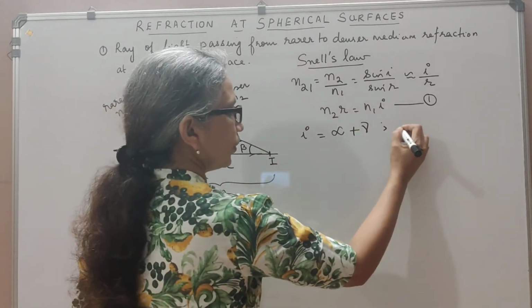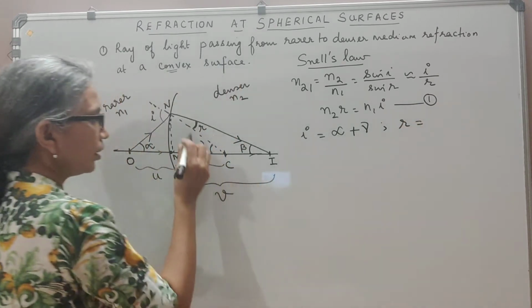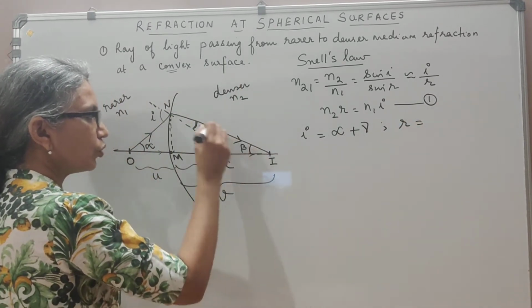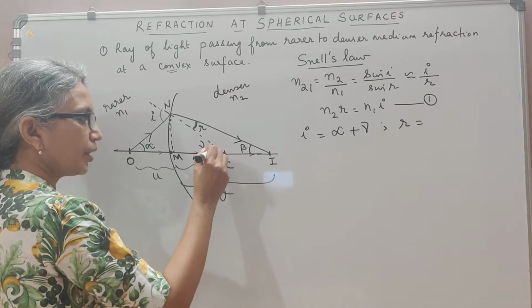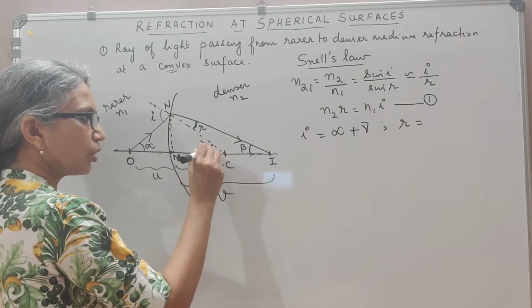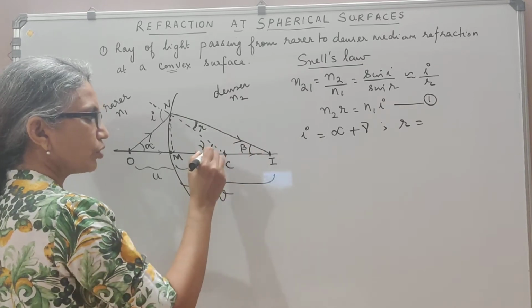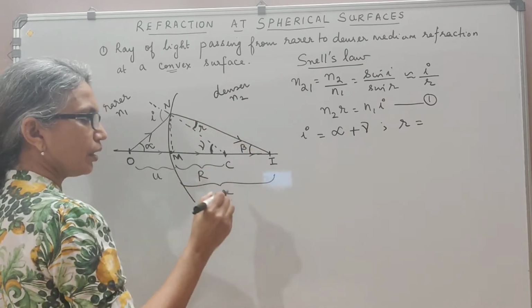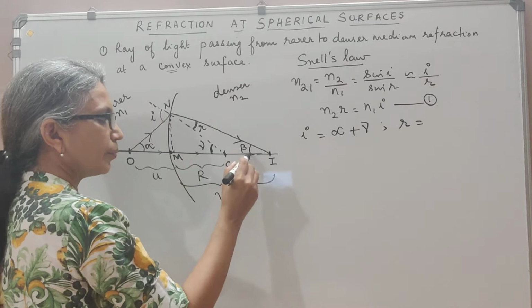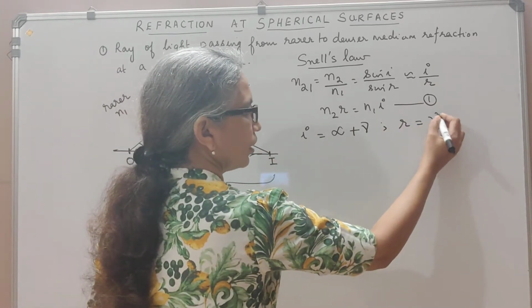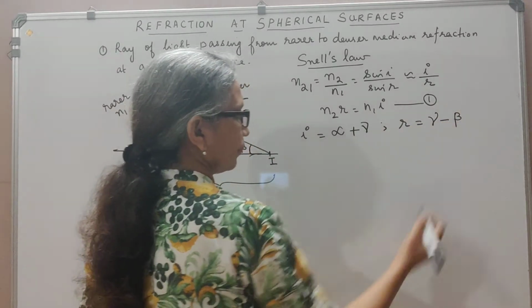Then I need a relation for R. In this triangle, you will see this gamma is the exterior angle. So gamma should be equal to the sum of the opposite interior angles. So gamma is R plus beta, or I may write R as gamma minus beta. So this will be gamma minus beta.